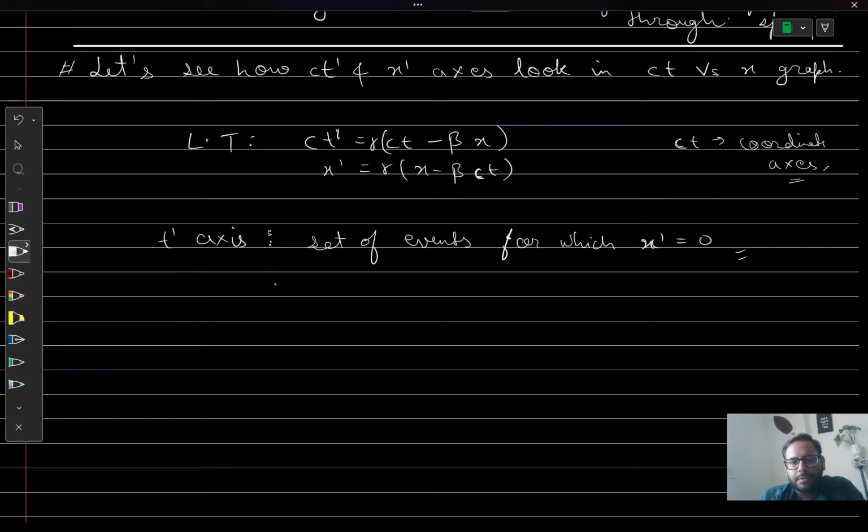If you have any question you can ask. So what will happen if I put x prime equal to 0? This will lead to x minus beta ct equals 0, and this will imply ct equals 1 by beta into x.